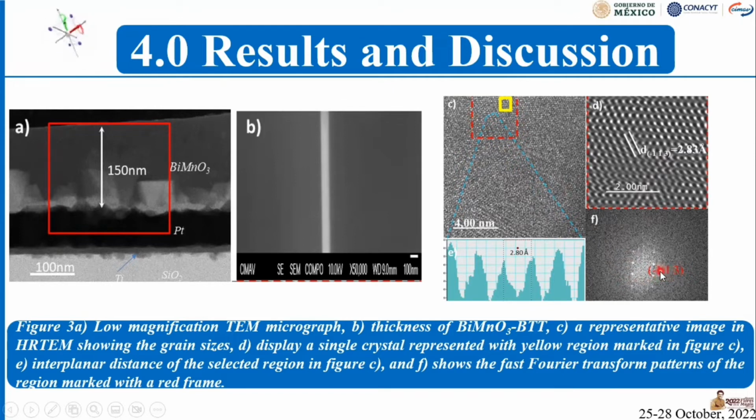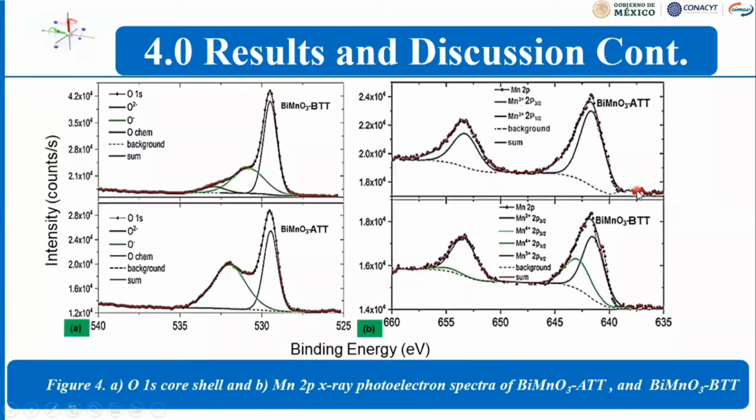This indexing was done according to the XRD PDF card, which is the monoclinic C2 space group number 5. In summary, the results have provided a clear indication of the nanoscale bismuth manganese oxide thin film.